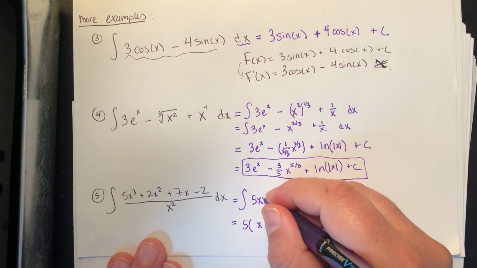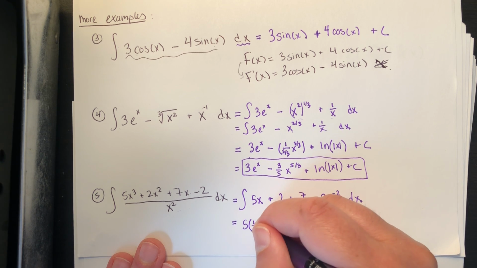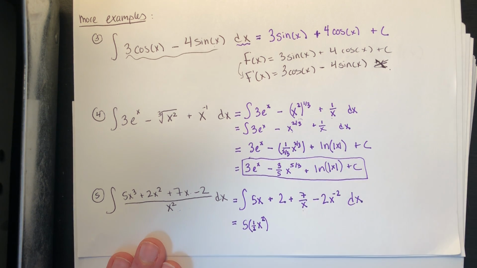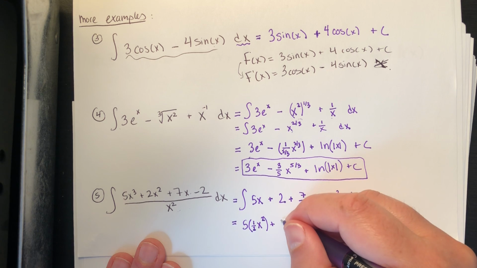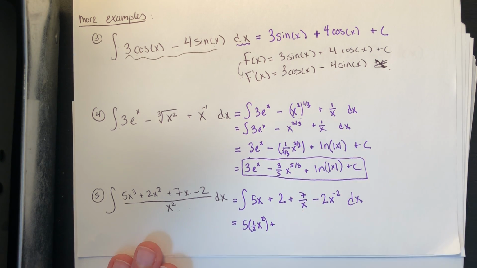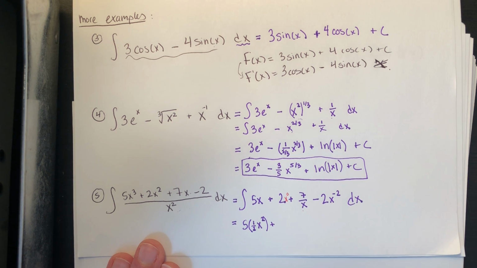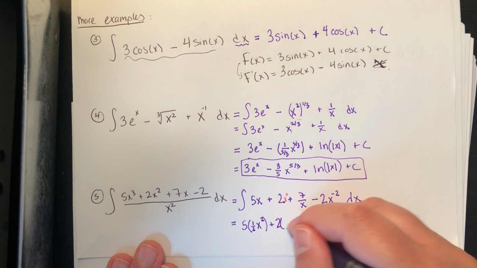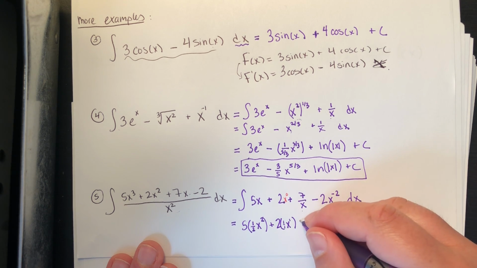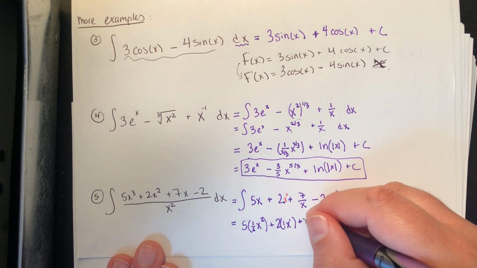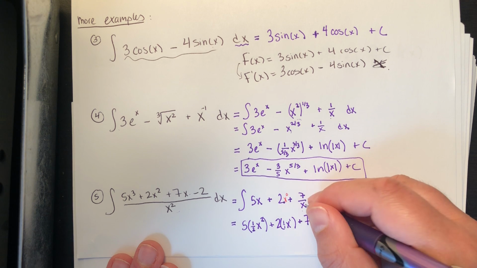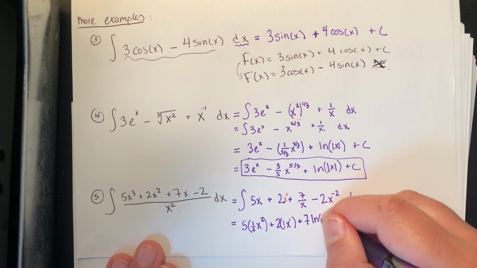X needs to increase by 1 here, so it's going to go to x squared, and I put a 1/2 up front, plus 2. All right, this is like an x to the 0 power attached here, so I can add 1 to the exponent and get x to the 1 power times 1 over 1, plus this is like a 7 times 1 over x, and the antiderivative of 1 over x is ln of x.